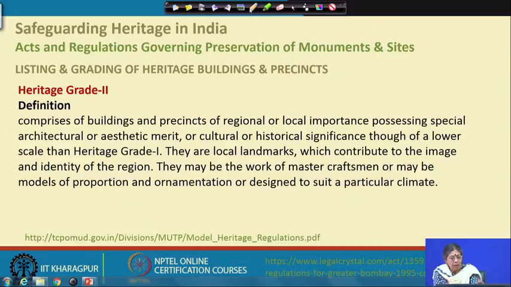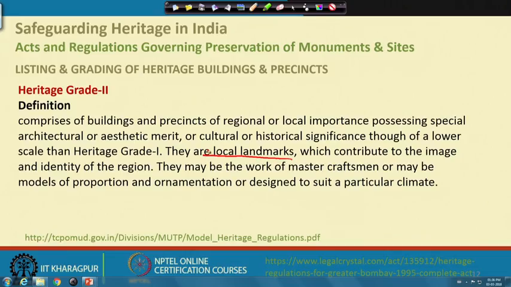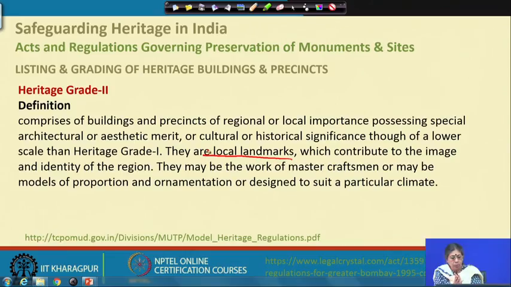Earlier it was talking of the national level, here they are talking about local landmarks which contribute to the image and identity of the region. They may be the work of master craftsmen or may be models of proportion and ornamentation or designed to suit a particular climate. So, it is more taking care of regional, local importance and significance, and they are talking about grade 2.